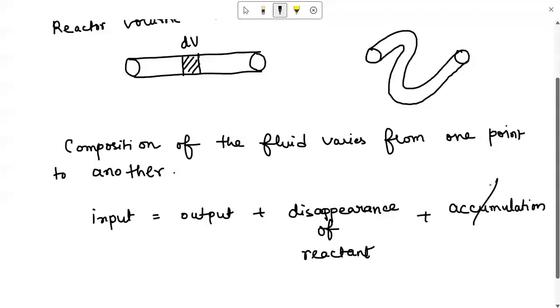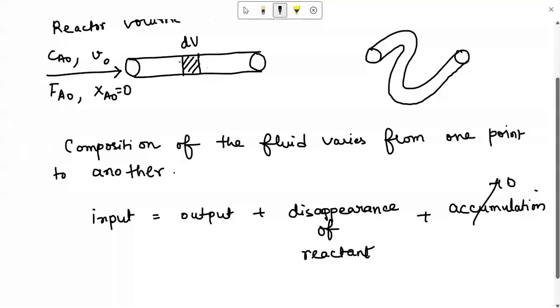Now, if I consider this tubular structure, whether it is coiled or not, let me write the notations that we are going to use. At the inlet we have the concentration CA0, the molar feed rate FA0, the conversion XA0 which is equal to 0, and the volumetric feed rate v0.